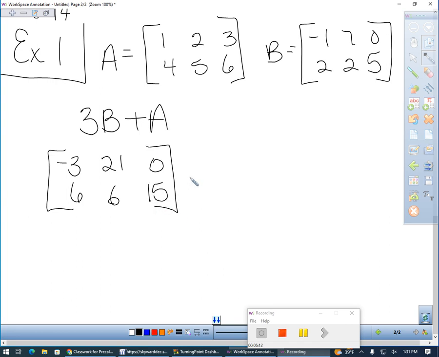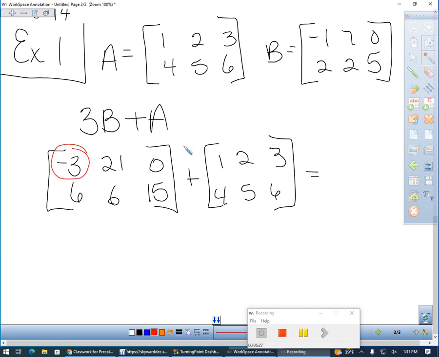And I'm going to add it to 1, 2, 3, 4, 5, 6. They are the same dimensions. Remember, our dimensions are row by column. So we're going to start by adding our A11 spots together. So we have negative 3 plus 1, negative 2.